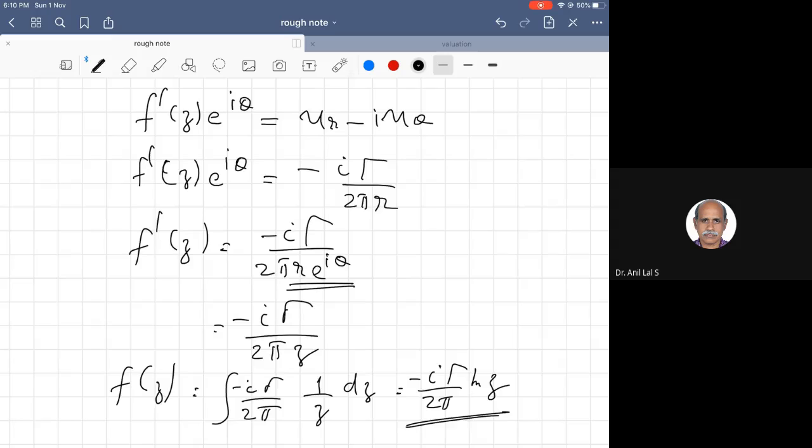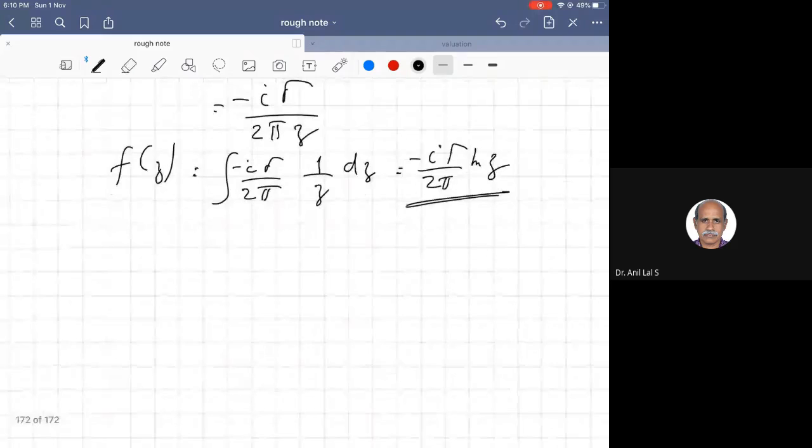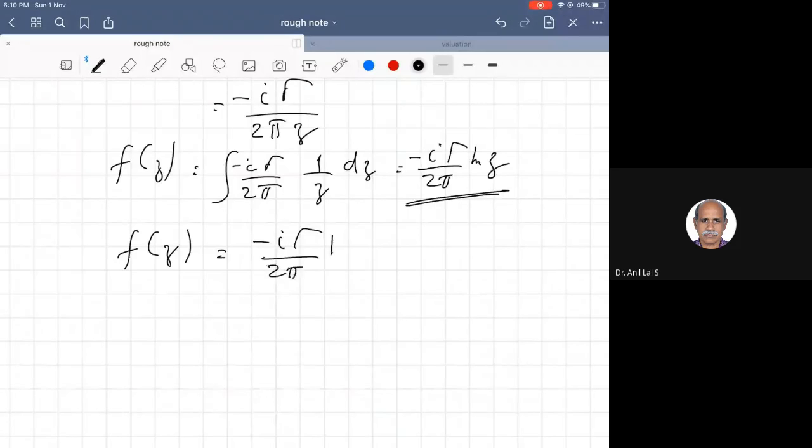So this is the vortex flow, with the center of the vortex at the origin. If it is at another point, f(z) is equal to the same with z replaced by z minus A. So this is about the vortex.